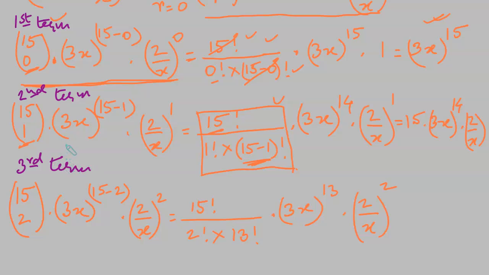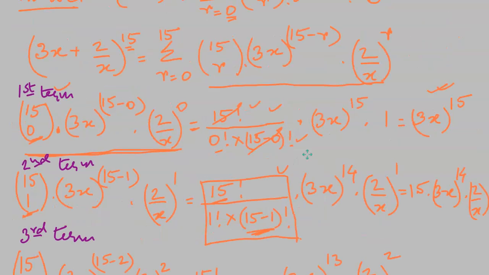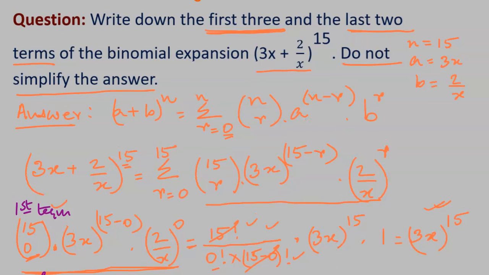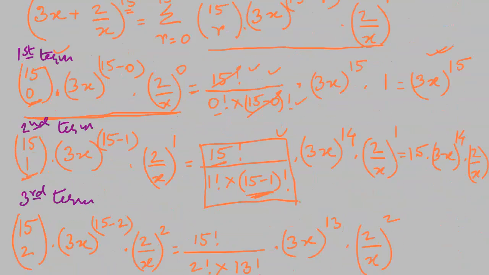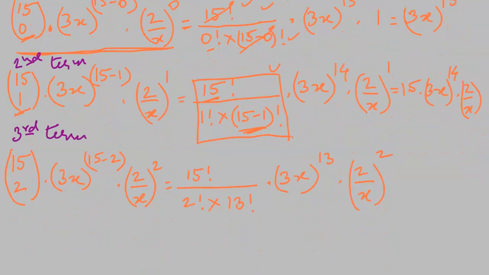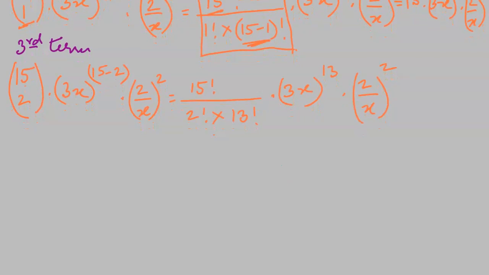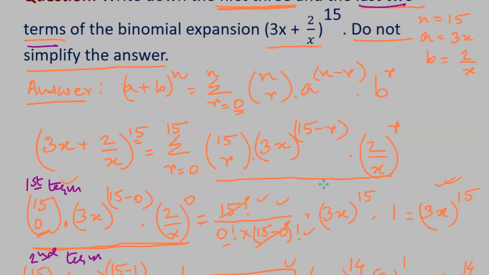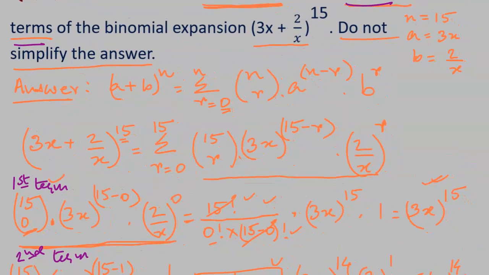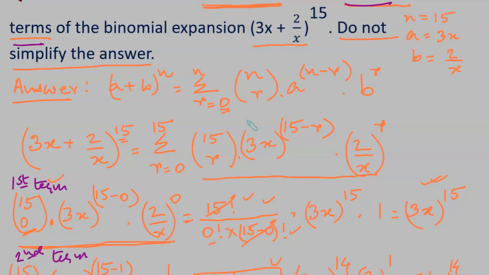Okay, and they have asked for the last two terms of the binomial expansion as well. So we have given the first three terms. Now we come to the last two terms. For the last two terms, what is the last value of r? What is the final value of r?